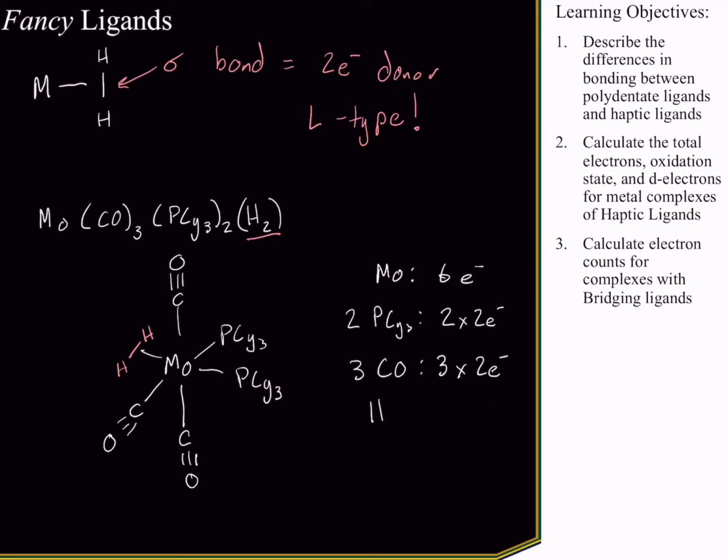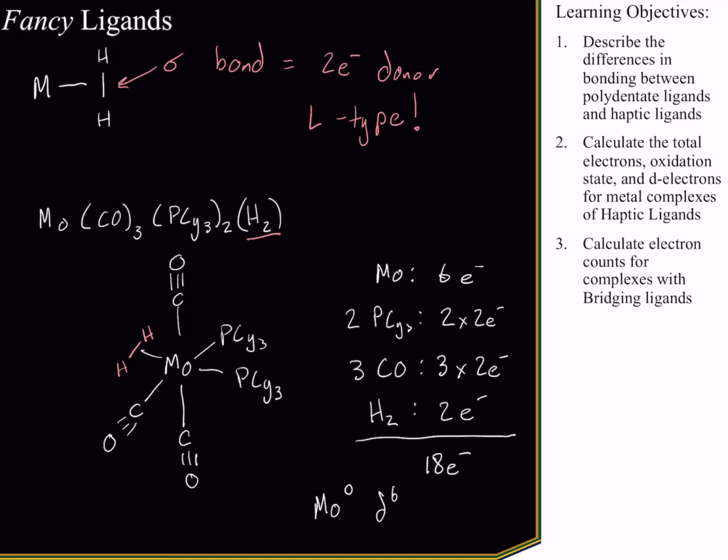And lastly we have H2, which is a 2 electron donor. Now let's make sure I can actually do math here. That should be 10, 16, 18 electrons. So we're getting back to that nice 18 electron guideline. The molybdenum here has no X-type ligands and there is no charge on the overall complex, so it's molybdenum 0, which would also be a d6 metal.